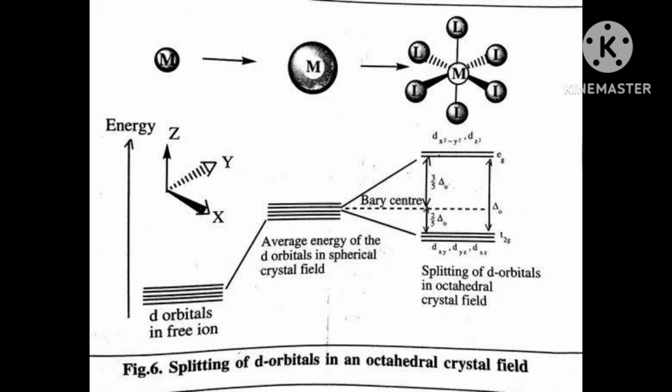Now where will the fourth electron go, to the t2g or the eg?